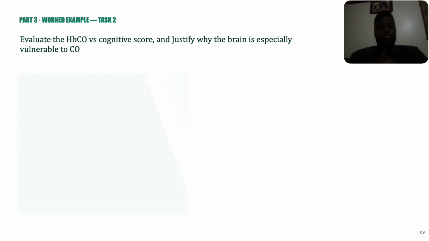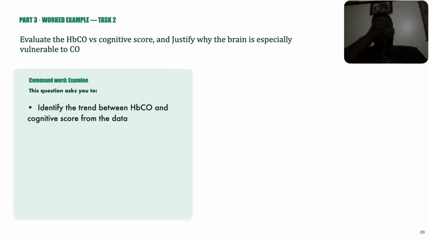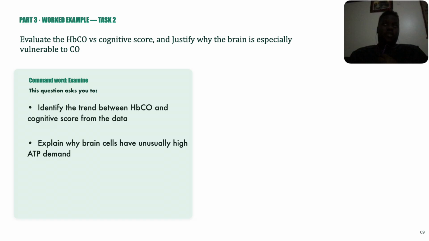So let's speed through this. The question asks you to, first of all, identify the trend between carboxyhemoglobin and the cognitive score. When you look at that data in the table, is there a correlation between carboxyhemoglobin and the cognitive score between the ventilated and the unventilated people? You must explain to us why brain cells demand a lot of ATP.